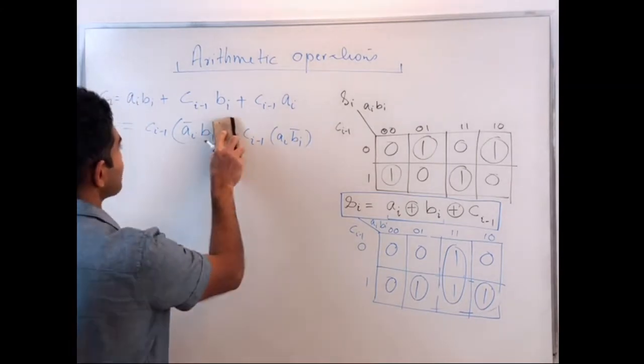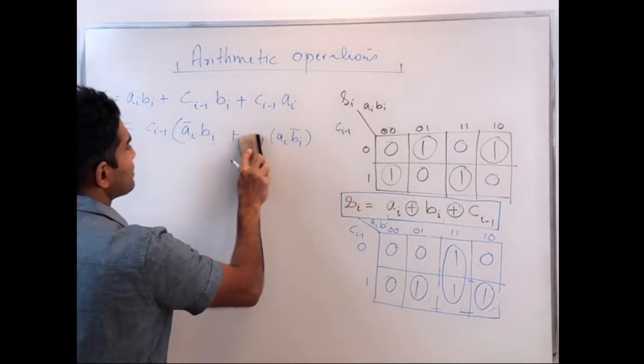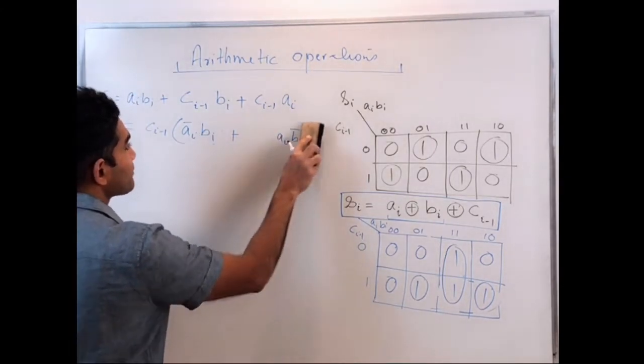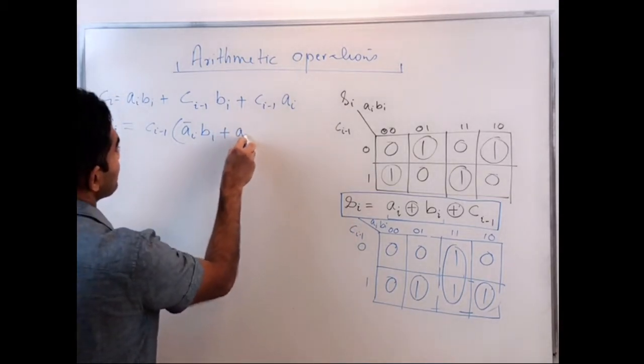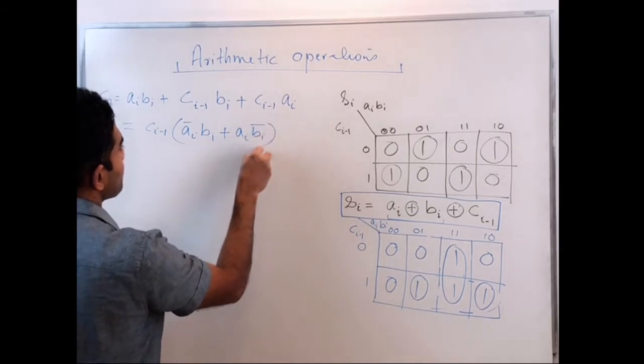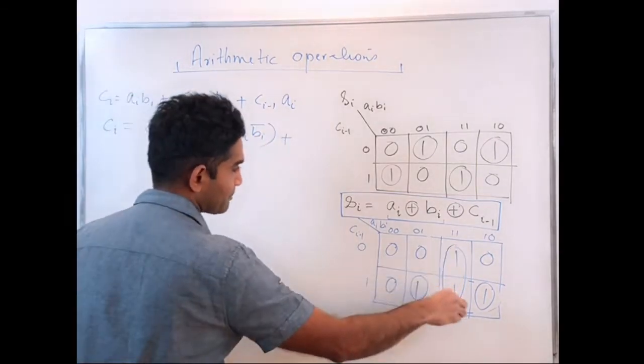So I can combine them this way. I can take Ci minus 1 as the common factor, and this will say Ai Bi prime plus, of course, I have Ai Bi.